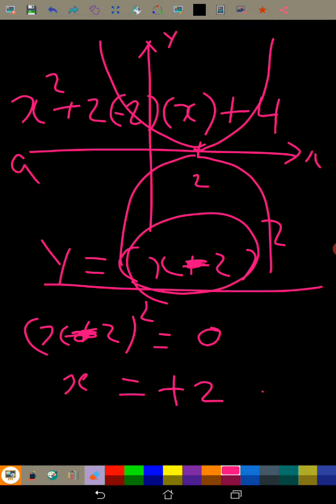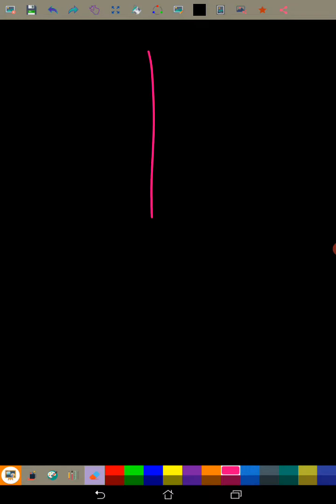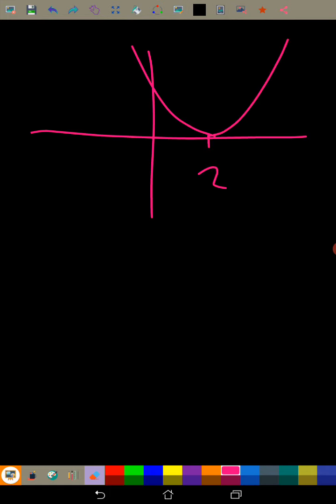So x squared is positive, so it has this U shape. Once again we have 2 here, and that's where it's going to pass.